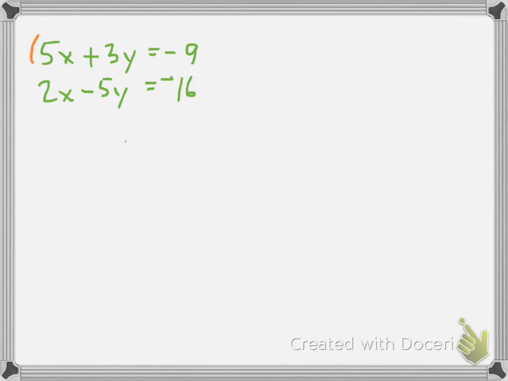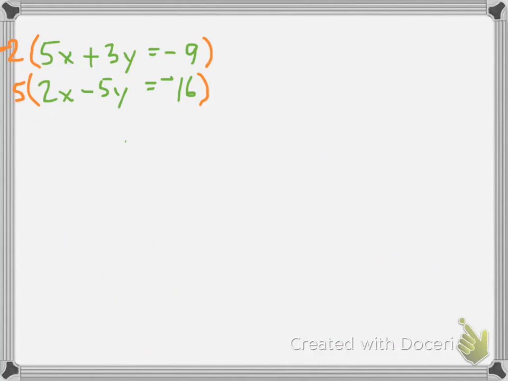So I multiply the top equation by 2, and I multiply the bottom equation by 5. The original 5x and 2x are positive, so I need to make one of them negative. It doesn't matter which one, so I'll choose negative 2. If you chose the 5 to be negative, you should end up with the same answer.